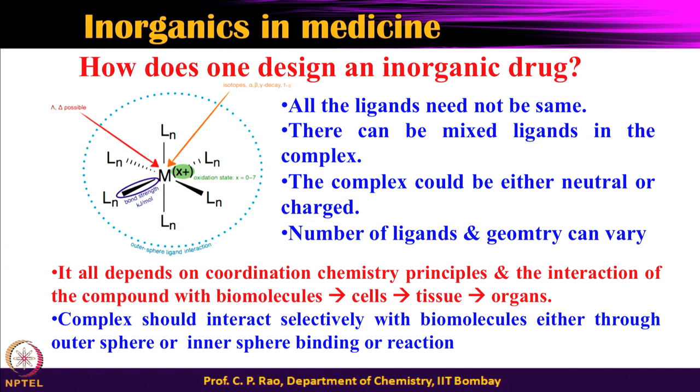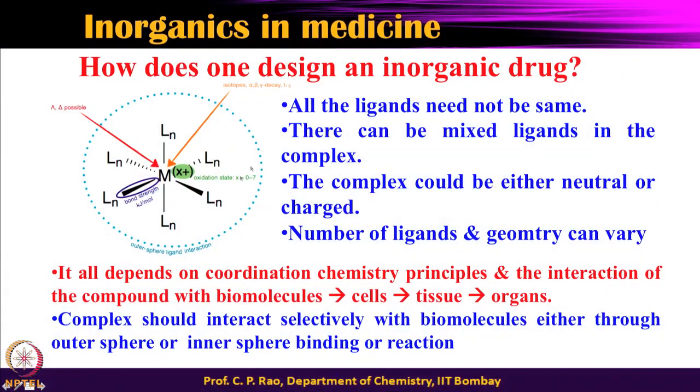Then geometries: 2, 3, 4, 5, 6, and mostly 4, 5 and 6 are very common for transition metals. Occasionally it could be 7, and sometimes you can have 2 and 3 also. So, there are so many things. There is a huge level of inorganic chemistry design possible, and so many different metal ions and many different oxidation states.